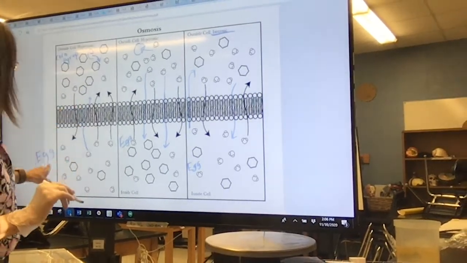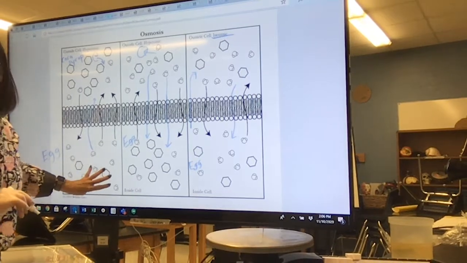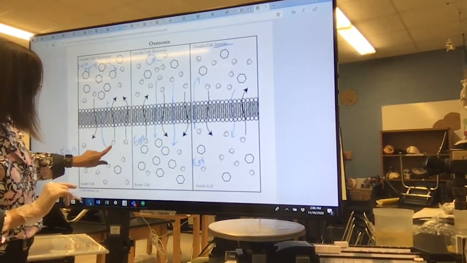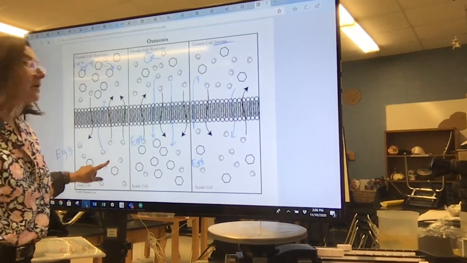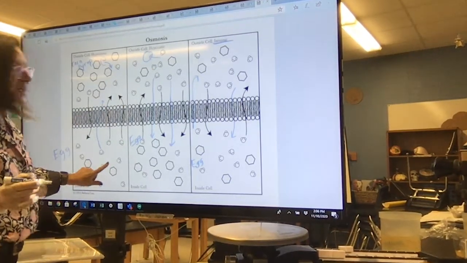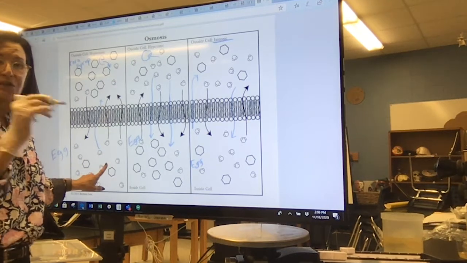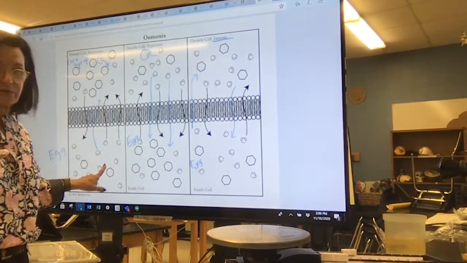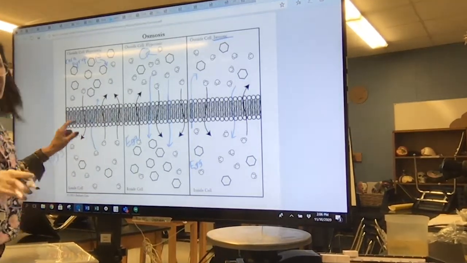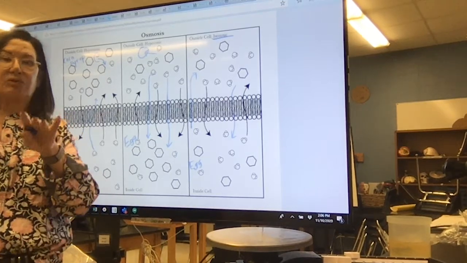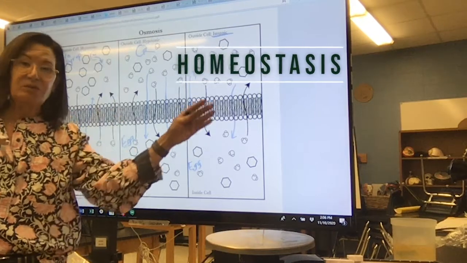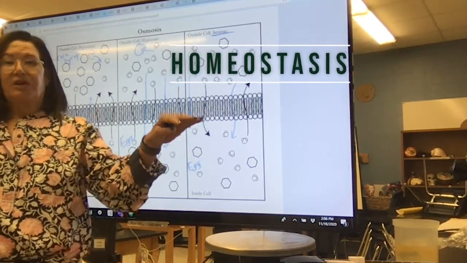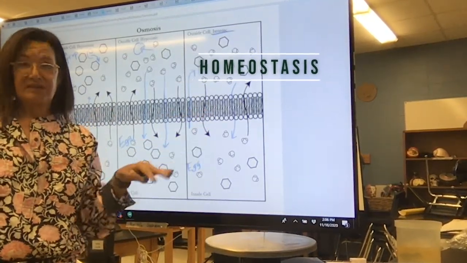So this would be my egg here, right? And these are water molecules. So I have water inside that egg, right, from the vinegar. And then what happened is we put in corn syrup that has no water. So the egg wants to be in balance, or it wants to have homeostasis. So it wants an equal amount of water on the outside to the amount of water on the inside.